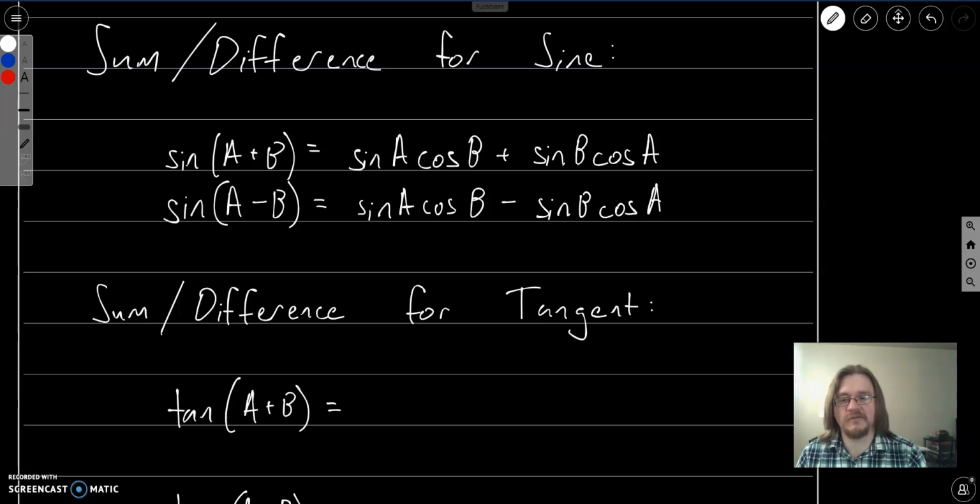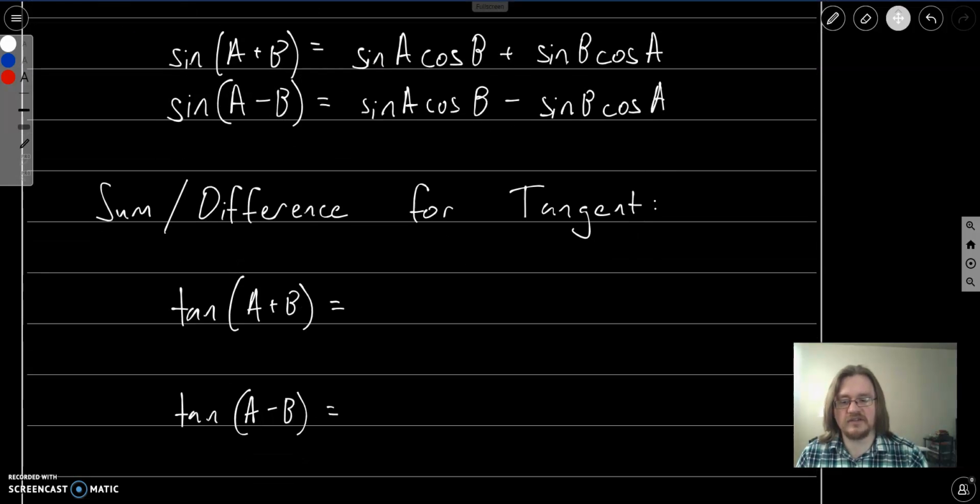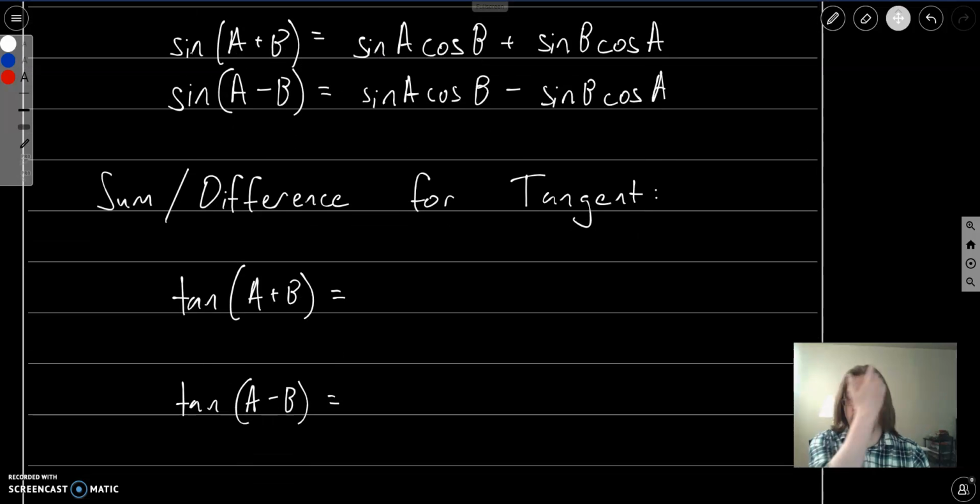So we have a formula for sines of sums of angles and sines of differences of angles. And if we really wanted to, we could go through and actually derive the formula for tangent of A plus B, because tangent is just sine divided by cosine. So I know what the sine of A plus B is, and I know what the cosine of A plus B is, so I should know what the tangent is. And then if you go through that process, this actually simplifies quite a bit.